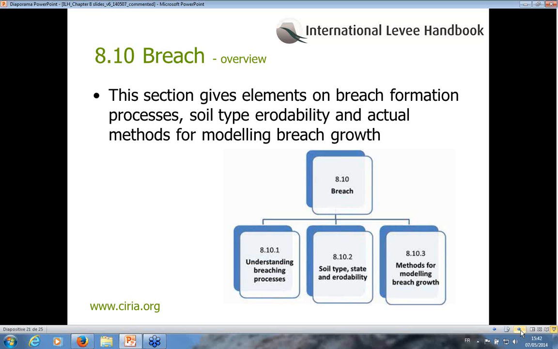For example, variation of the crest level, quality of the surface protection, local focusing of wave action due to wave refraction, etc. This section gives a general form of the erosion equation, given by Hanson in 2005, for example, and points out the relationship between soil erodibility and soil type, density, and water content.